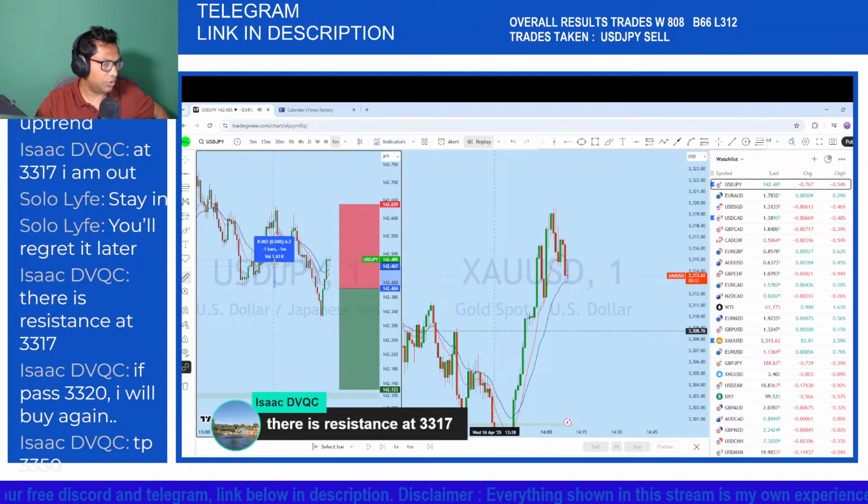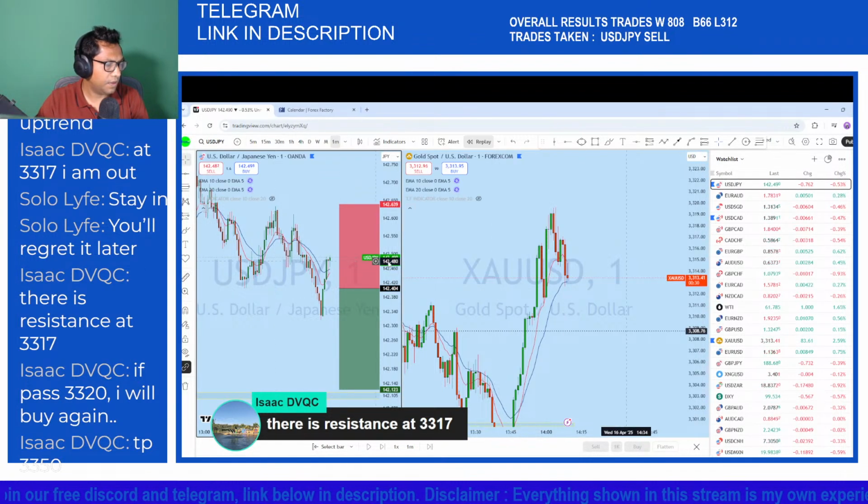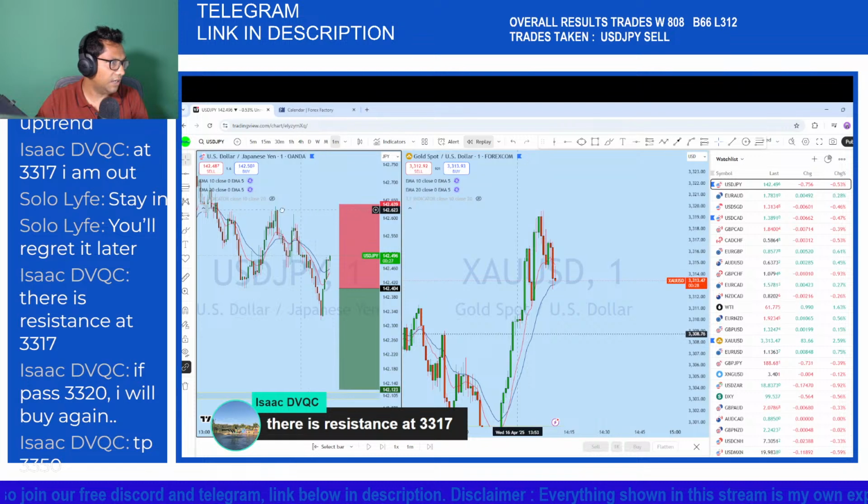Dollar yen, once we open, a couple of pips to the upside.